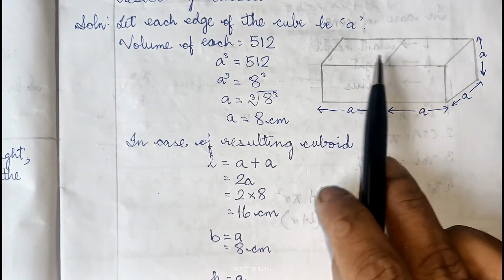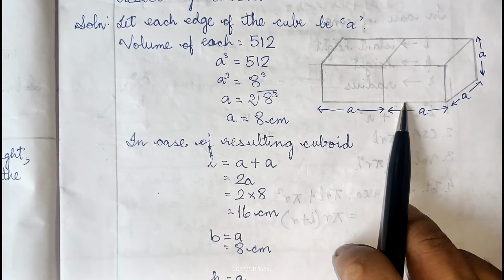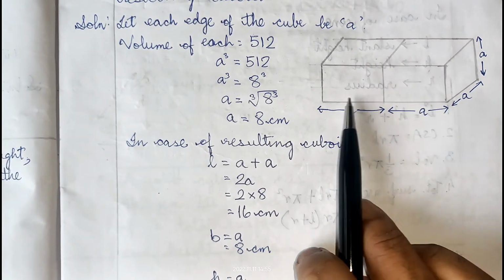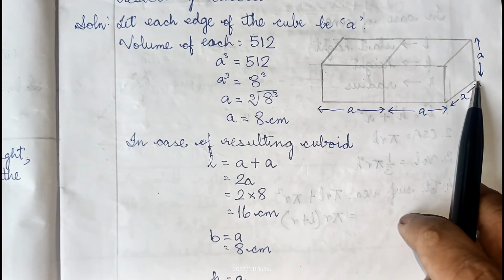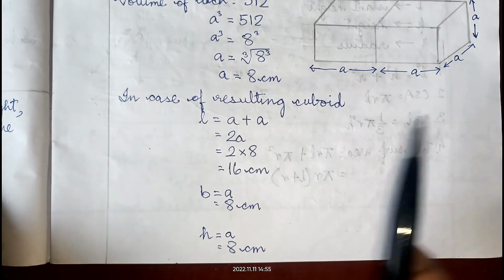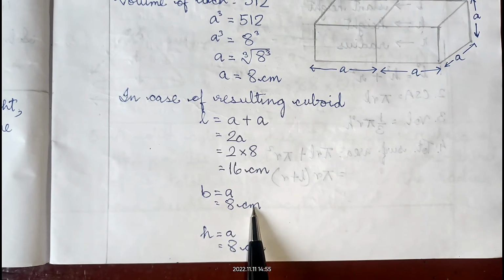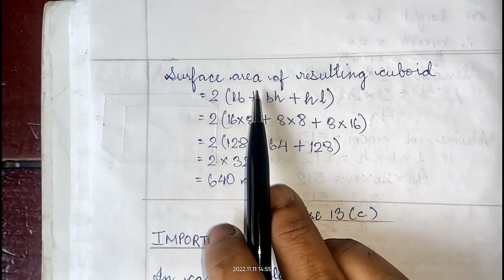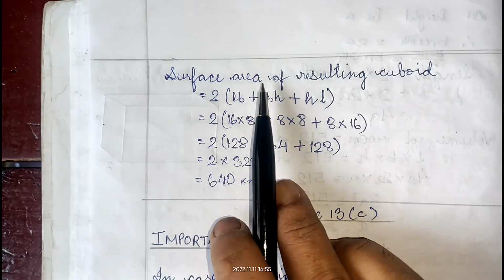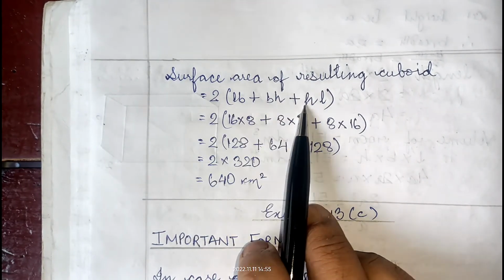Now in case of the resulting cuboid, length will be A plus A, so it will be 8 plus 8, which will give 16. So length will be 16, breadth will be 8, height also will be 8. So we can write here length equals A plus A, 2 into 8, that is 16, breadth is 8, height is 8. Now we have to find the surface area of the resulting cuboid. That means we have to find the total surface area, and the formula is twice LB plus BH plus HL.